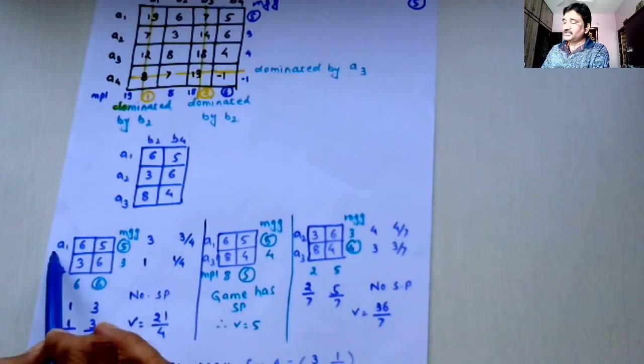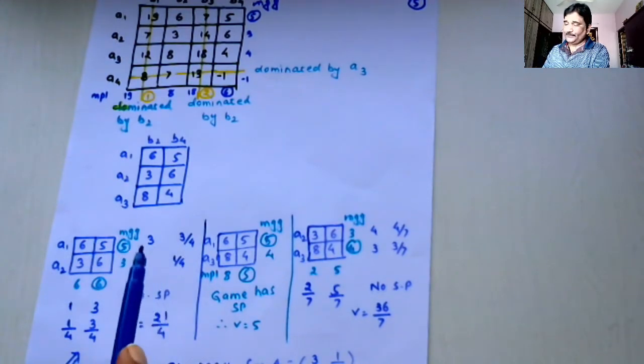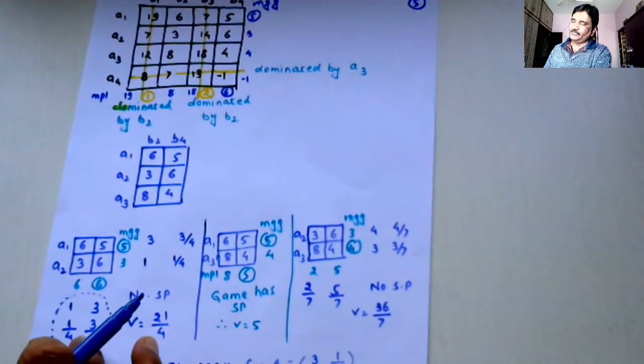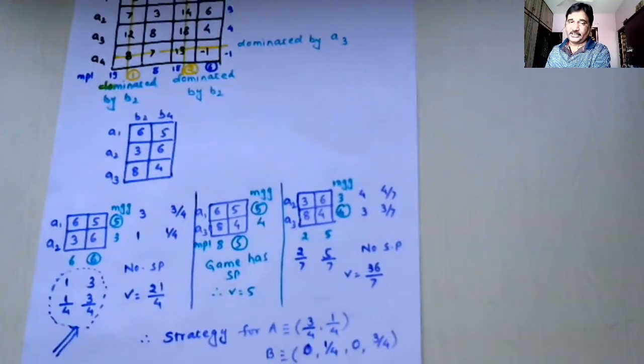So your proportion of A1 and A2 comes out to be 3 by 4 and 1 by 4. Again, here I did the process, but I should not do that before I get a game value. I may defer this computation for some time.